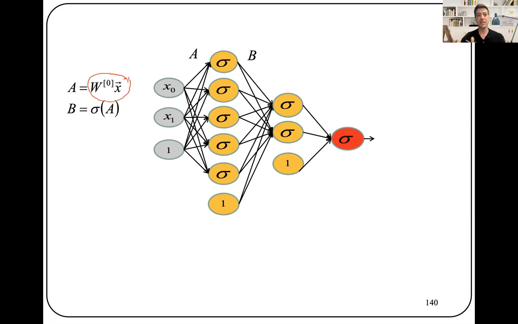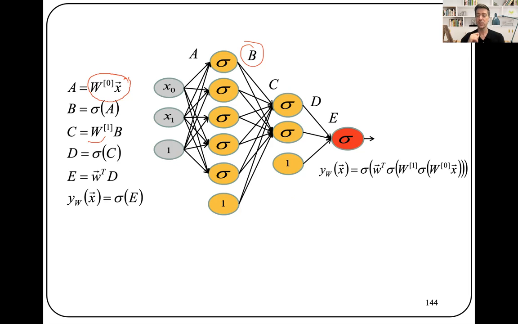So if we apply the activation to the output of the neurons, we get B. And then if we multiply B by the weight matrix in the first layer, we get C. And then applying the activation on C, we get D. Applying the weight of the output layer, we get E, which is a scalar. And then finally, to get the final output, we apply the activation on E.